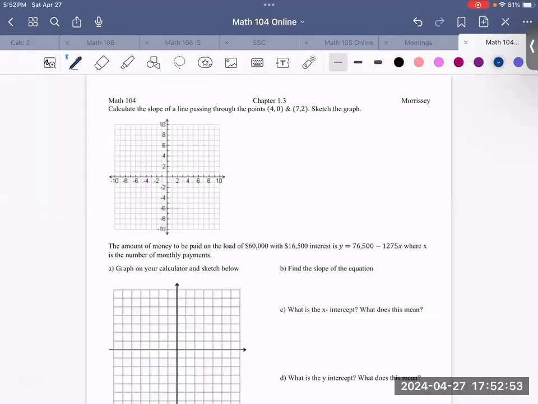So now let's calculate the slope of a line passing through the points (0, 4) and (7, 2). Now let's sketch the graph. I'm going to show you after this one how to do it on your Desmos graphing calculator, where it actually is going to give you the equation. Well, nearly give you the equation.